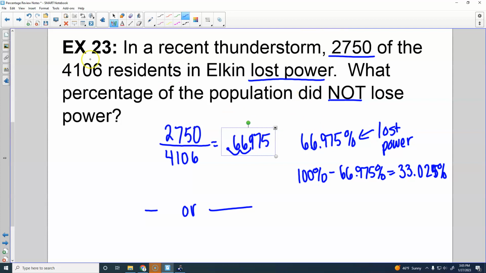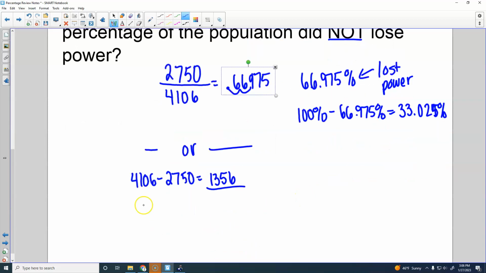We could have worked with the numbers at the beginning, right? If I've got 4,106 people and only 2,750 lost power, how do I figure out the number that did not lose power? 4,106 minus 2,750 would give us 1,356, and then we could divide that by 4,106, and that gives us 0.330248, which, when you move the decimal two places, gives you the same answer.